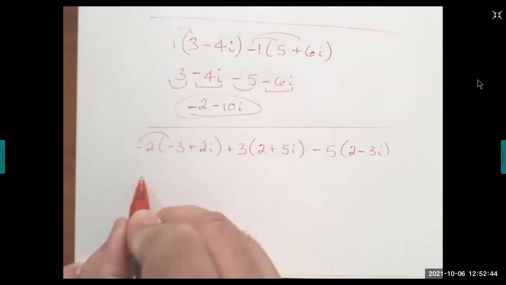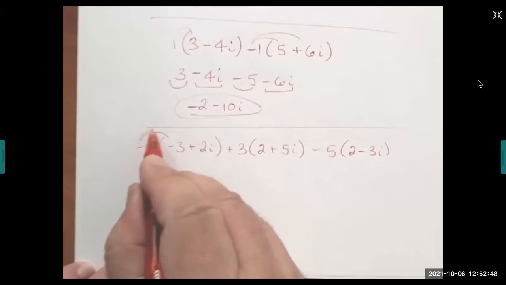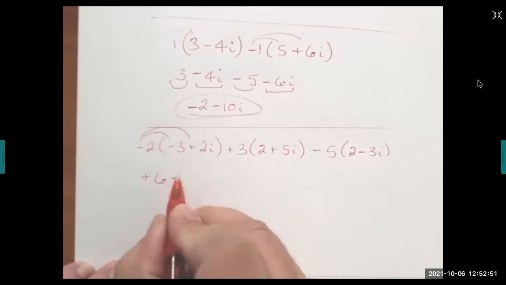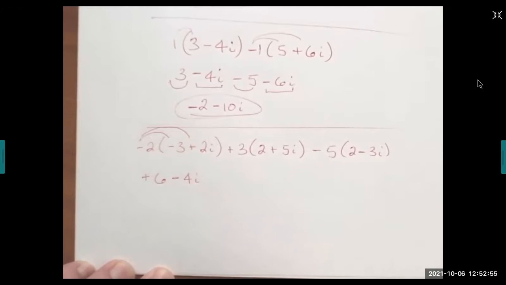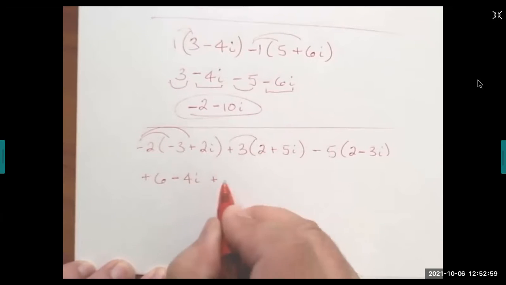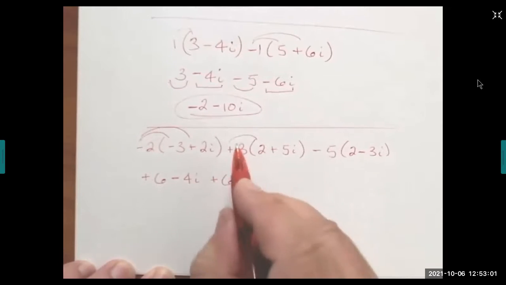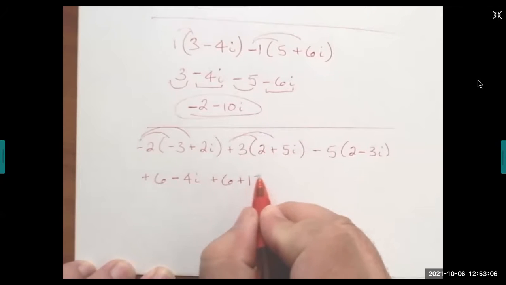Negative times negative is positive. 2 times 3 is 6. Negative times positive is negative. 2 times 2 is 4i. Positive times positive is positive. 3 times 2 is 6. Positive times positive is positive. 3 times 5 is 15i.